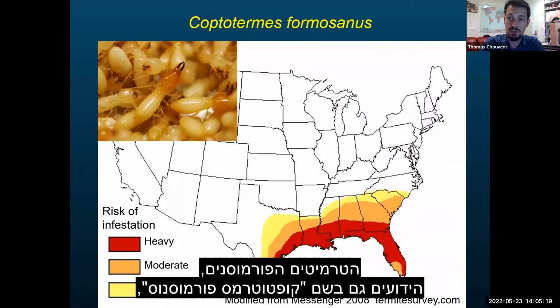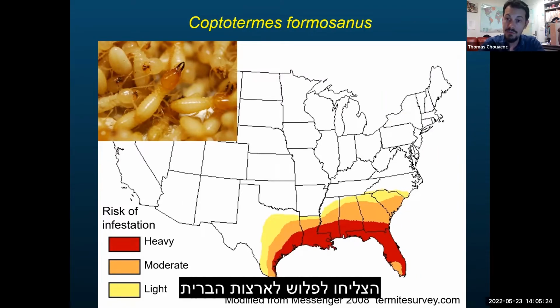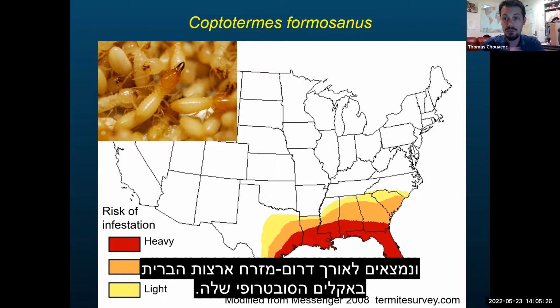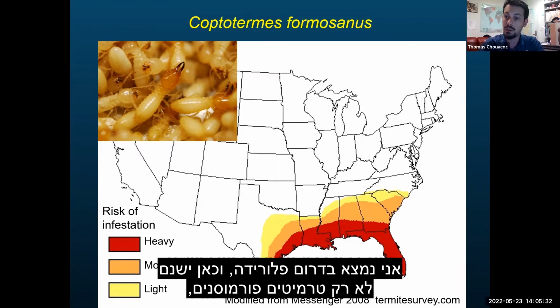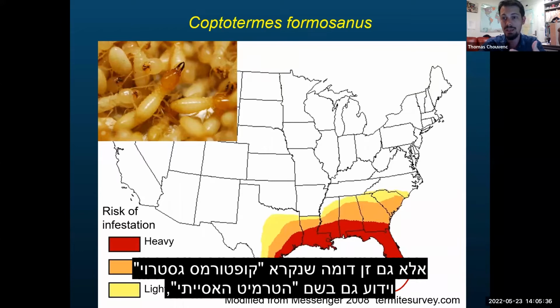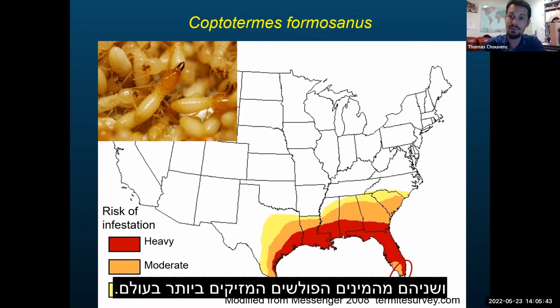Now, the Formosan subterranean termite, here also known as Coptotermes formosanus, is invasive in the United States and is found throughout the southeast US in this subtropical environment. And here I am in South Florida, where not only do we have the Formosan subterranean termite, but we also have a similar species called Coptotermes gestroi, also known as the Asian subterranean termite, so we have two of the most damaging termites in the world.